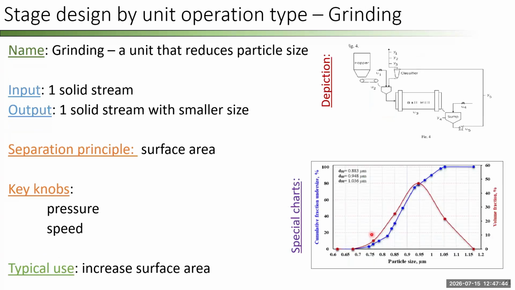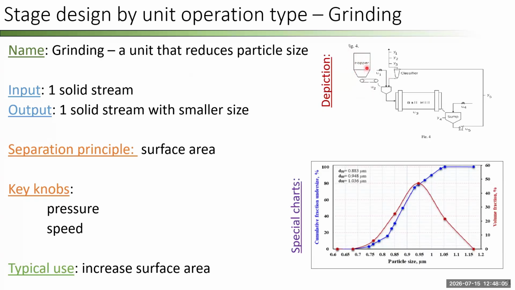All right. Now I want to step back and do a short series about different grinding types. Sorry, mechanical processing, starting with grinding. So grinding is a unit operation that is going to reduce particle size. Here I would have some sort of hopper or distributor.